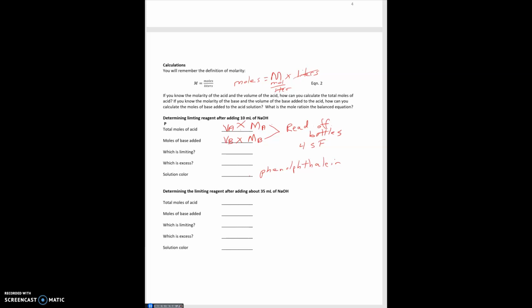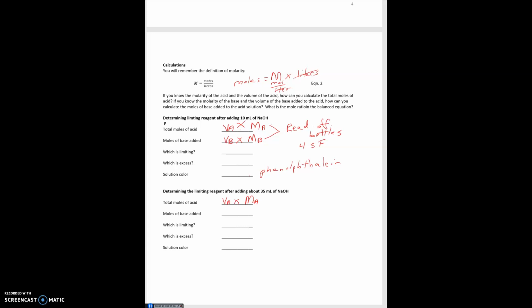Then, after you add 35 milliliters of sodium hydroxide, how many moles of acid did you add? It's going to be volume of the acid times molarity of the acid, which won't change, will it? Because you had the same volume in both cases of the acid.